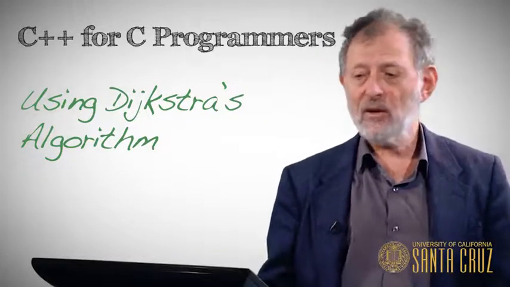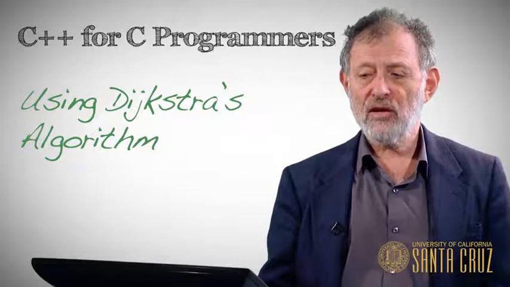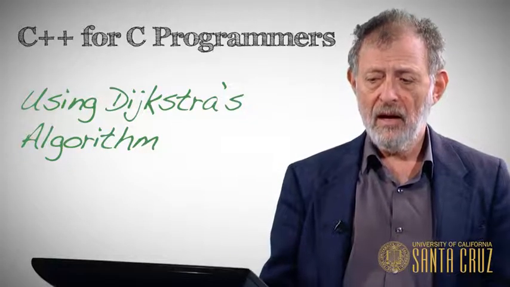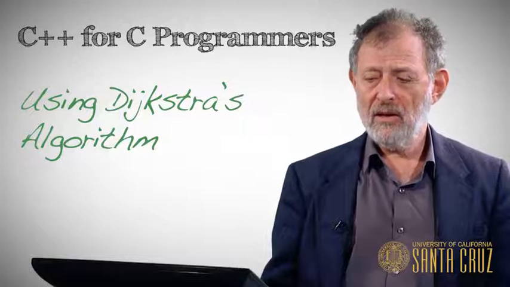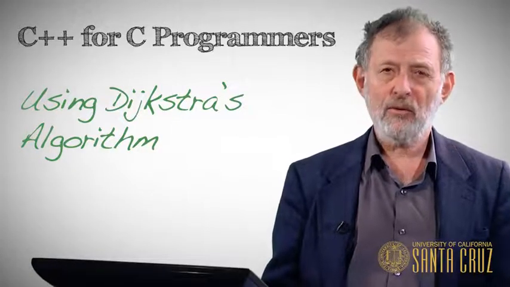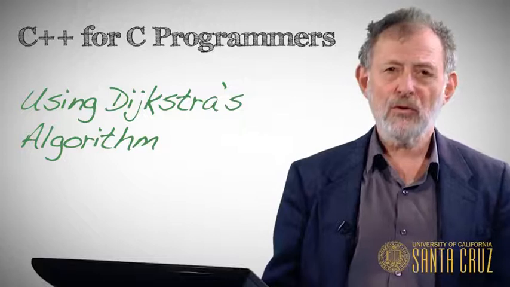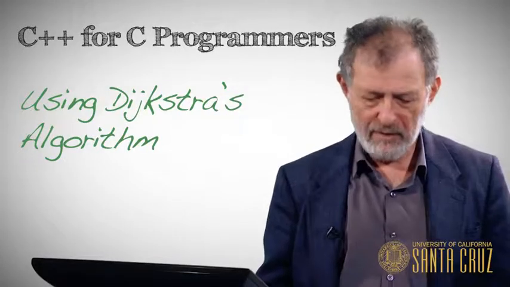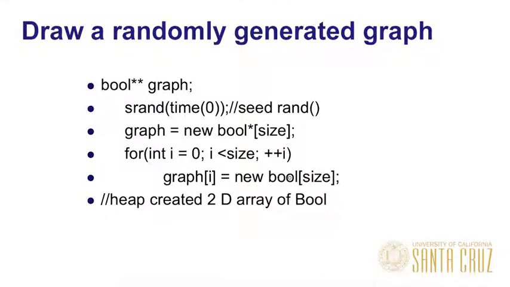This particular algorithm I'm going to show you that generates a randomly generated graph will use the heap and create a two-dimensional representation of the graph. So let's see what that means. The overall graph is going to be a pointer that ultimately stores Boolean values. What are Boolean values? They're the values true or false.